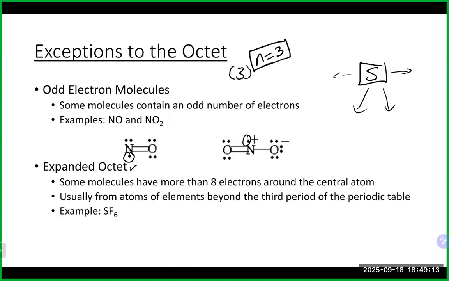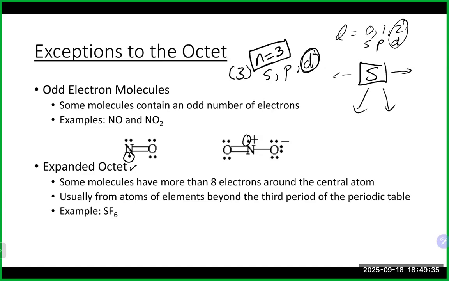And what are the orbitals on the 3rd energy level? There are s orbitals, right? There are p orbitals, and there are d orbitals. That's where they first start to appear, because L could be 0, 1, or 2: S, P, and D, right? So they have that ability to do that.